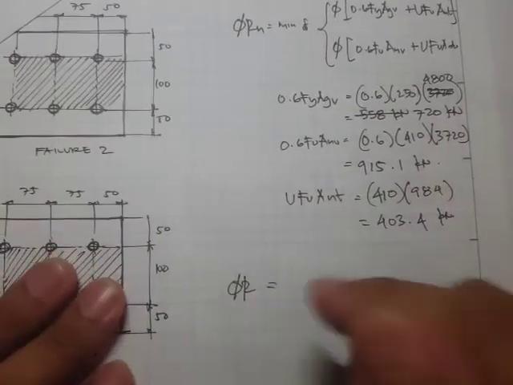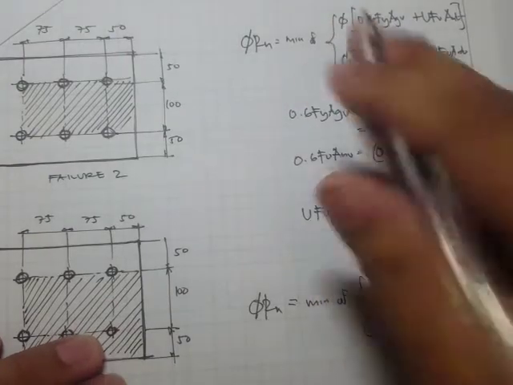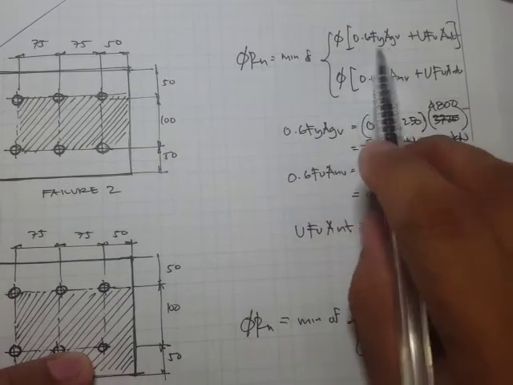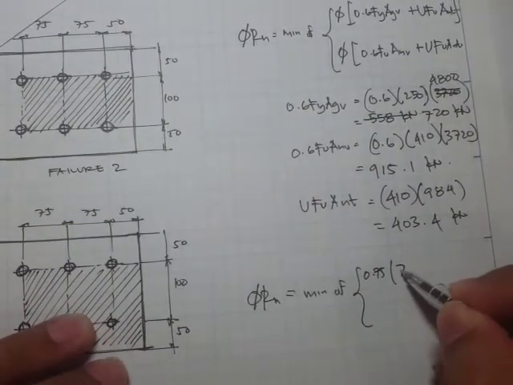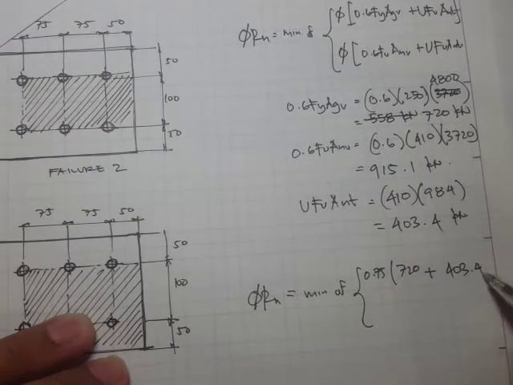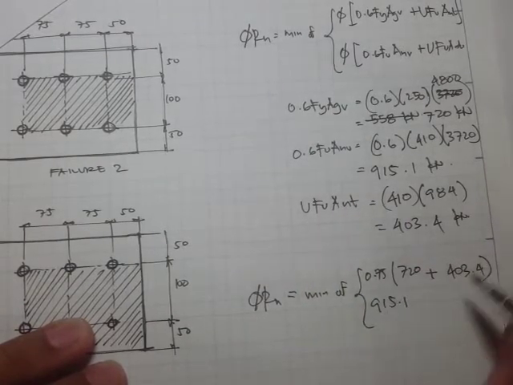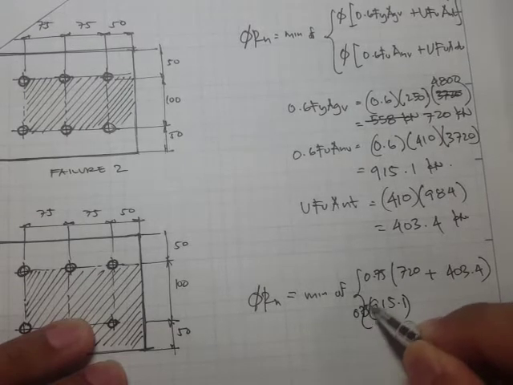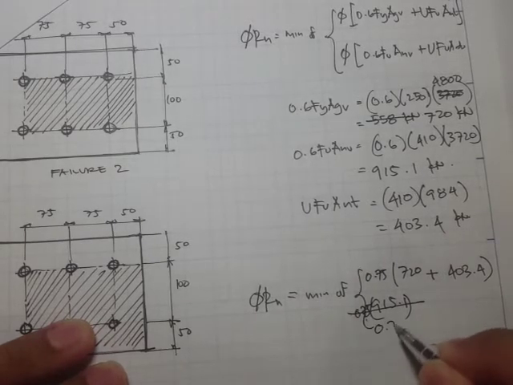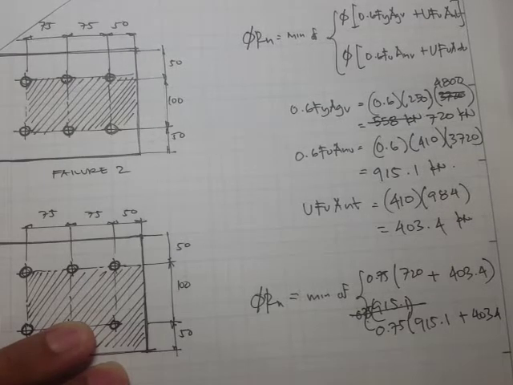Phi Rn is equal to the minimum of, let's apply the reduction factor, which is 0.75, times 720 plus 403.4, or 0.75 times 915.1 plus 403.4.